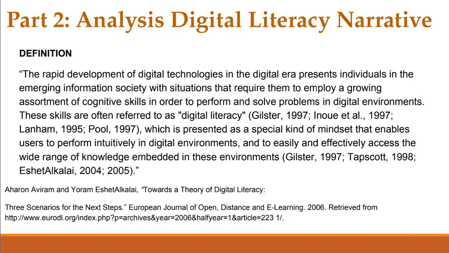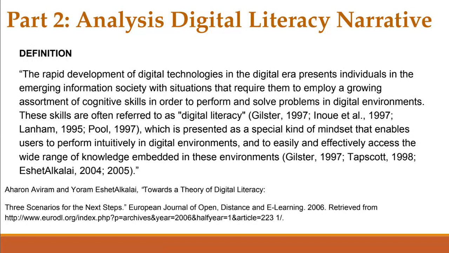There's a definition of digital literacy, right? We've all seen that already. Like I think it's in the folder for week 1 or week 2. But this is it right here, right? So it gives you the rapid development of digital technologies in the digital era presents individuals in the emerging information society with situations that require them to employ a growing assortment of cognitive skills in order to perform and solve problems in digital environments.